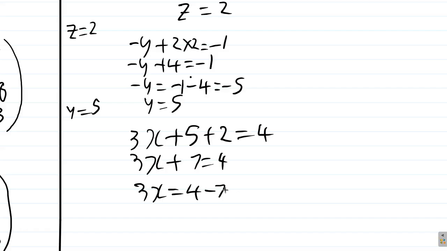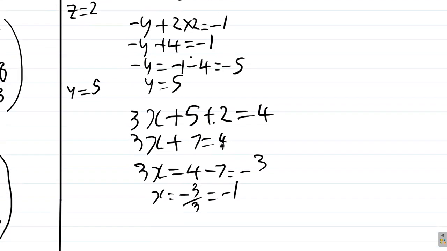Subtract 7 from both sides. We have 4 minus 7 equals negative 3. So we divide both sides by 3, so x is negative 3 over 3, which is negative 1.